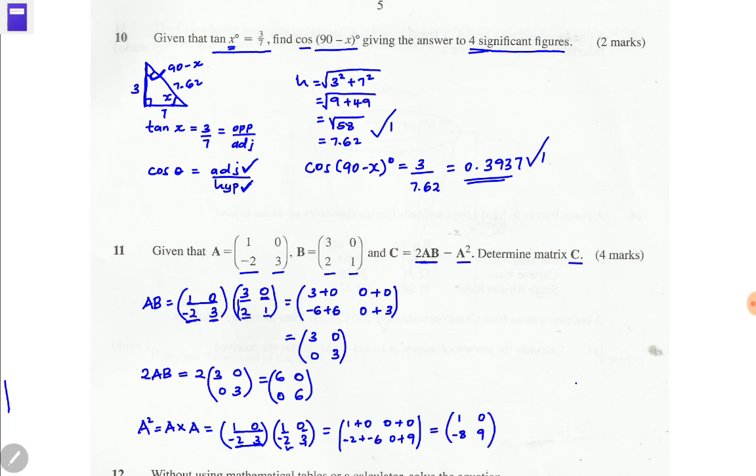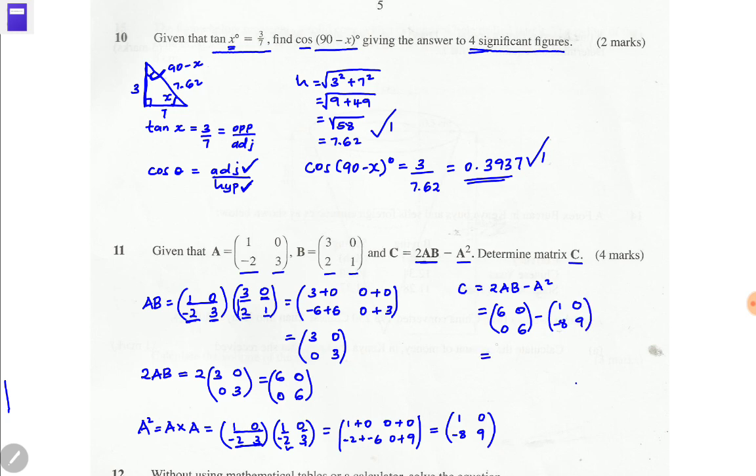So C is given by 2AB minus A squared. So this will be equal to 6, 0, 0, 6 minus 1, 0, negative 8, 9.